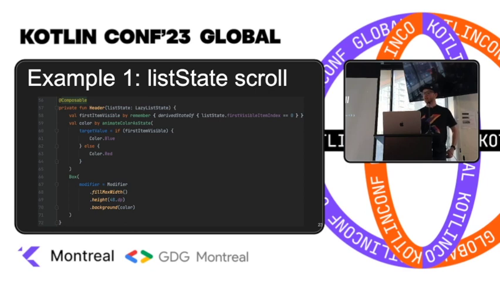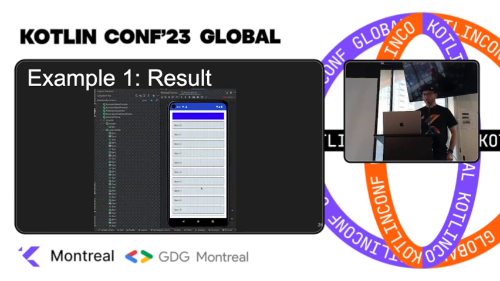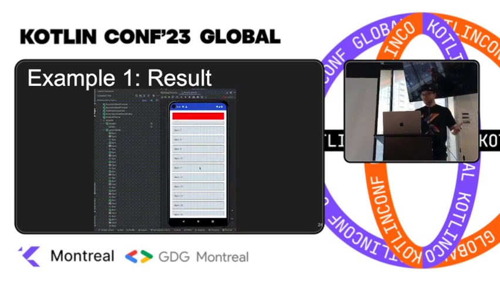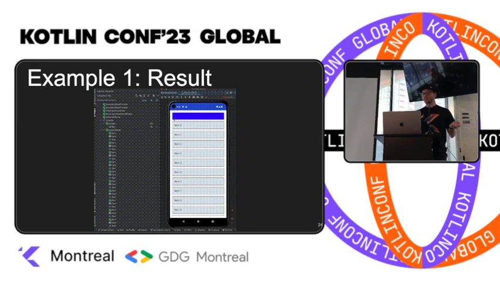Now this block will not recompose every time it's higher than 0. It keeps higher than 0. So let's see what happens now. There's still a lot of compositions, but it's better. It's not 33, this time it's 20.